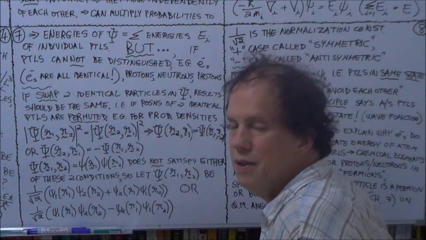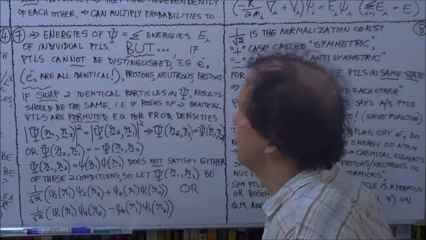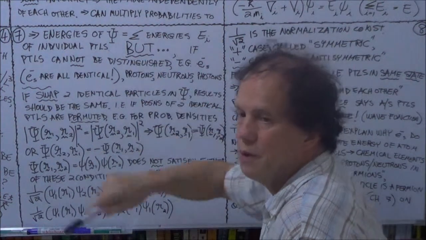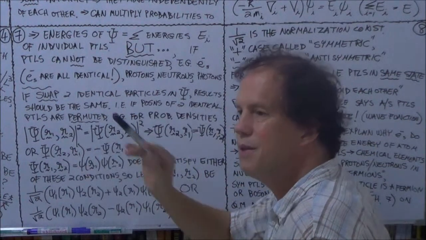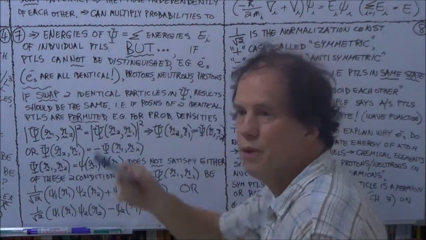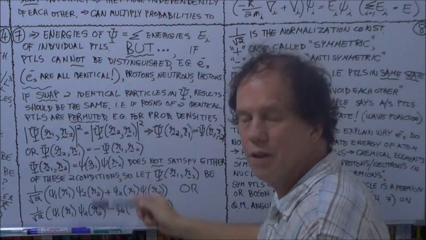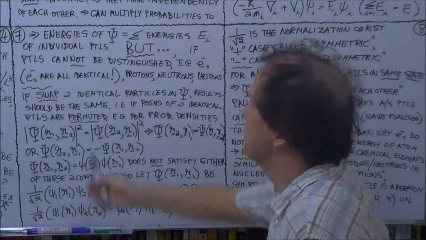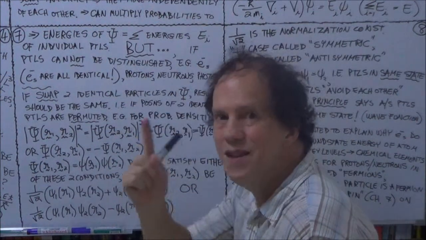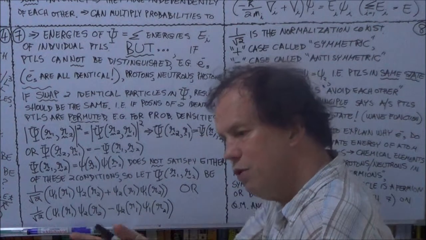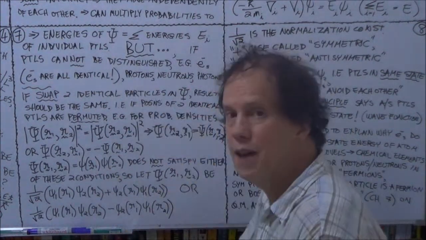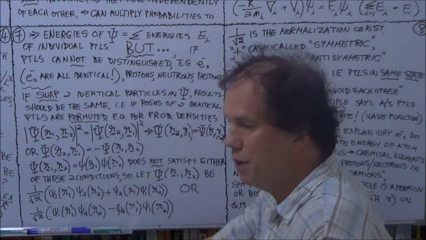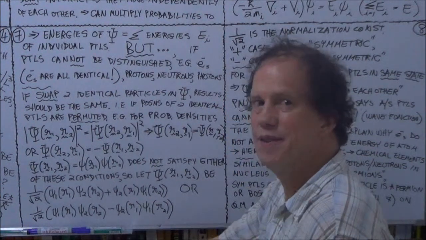Now because they're indistinguishable, this psi function for R2, R1, ... should be just the same as the psi function for R1, R2, ... Right? In other words, your psi function for indistinguishable particles, if you swap 2 of them, should stay the same, right? Because you can't tell the difference.